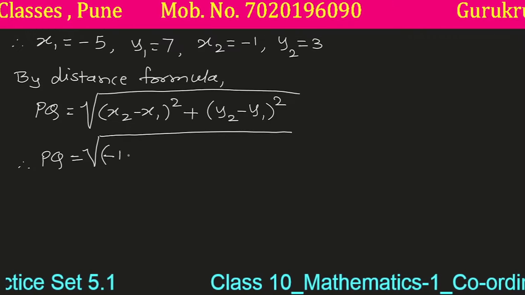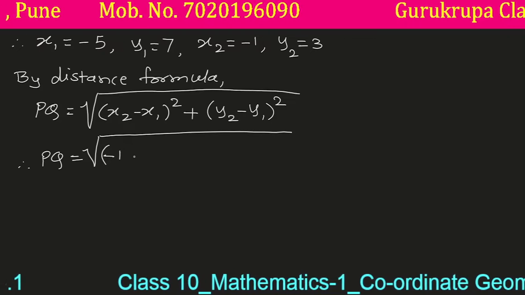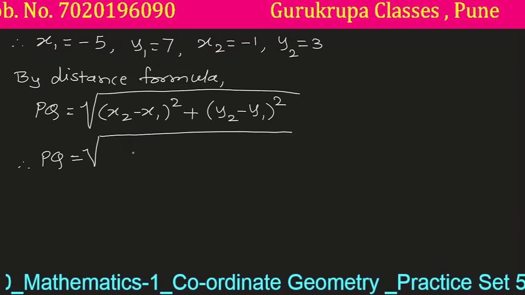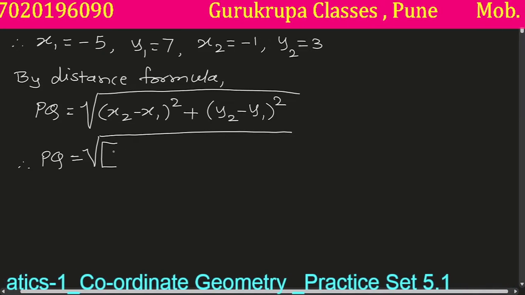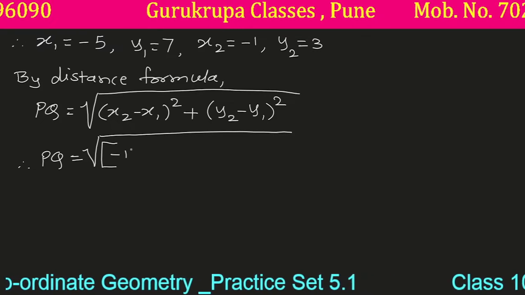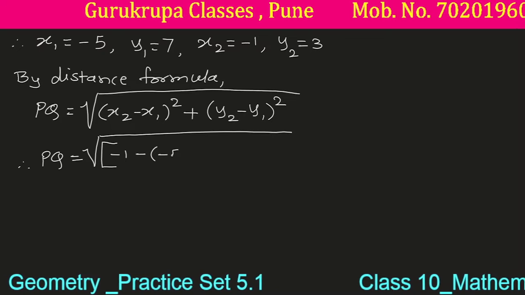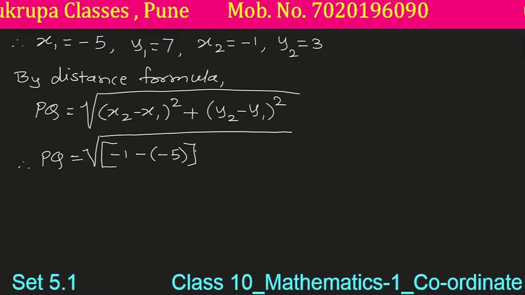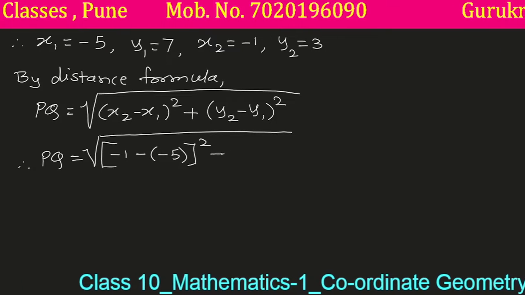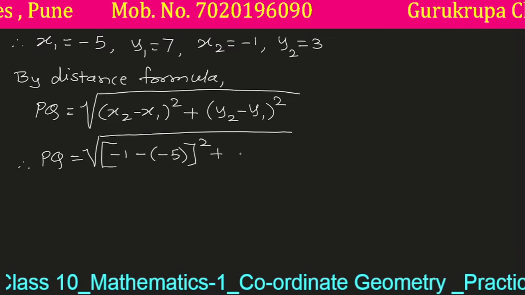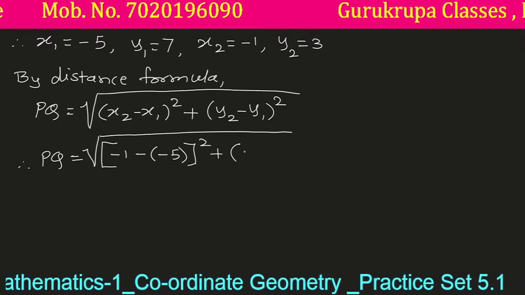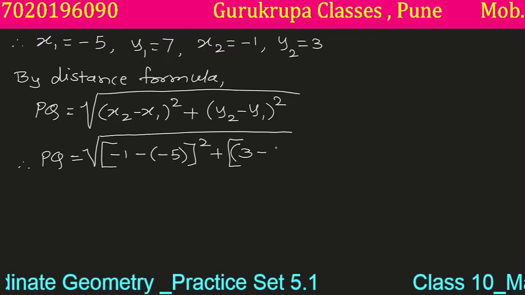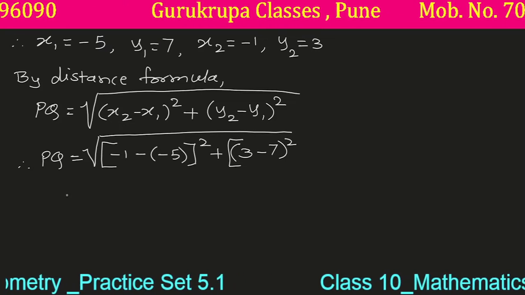So we can take the square bracket first. -1 minus -5, as x1 has negative value, we should take the bracket for that, whole square plus, now for y2 and y1 they are positive, so we can write down here y2 is 3 minus y1 is 7 whole square.